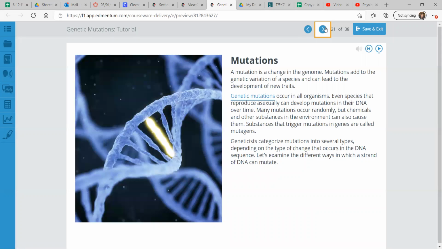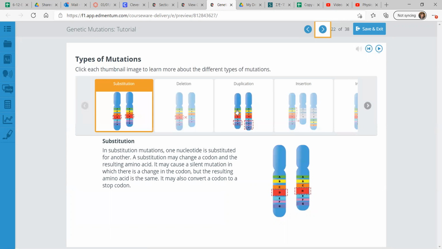Geneticists, scientists that study genetics, categorize mutations into several types, depending on the type of change that occurs in the DNA sequence. And we're going to examine the different ways in which a strand of DNA can mutate. Here are the types of mutations. We have substitution.